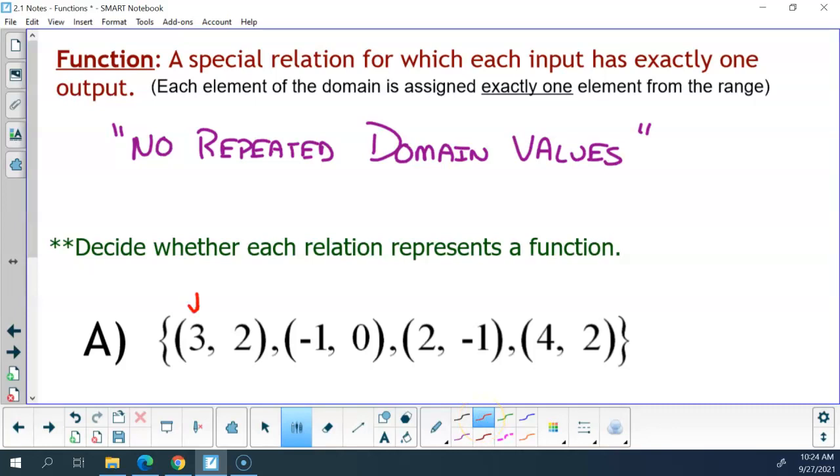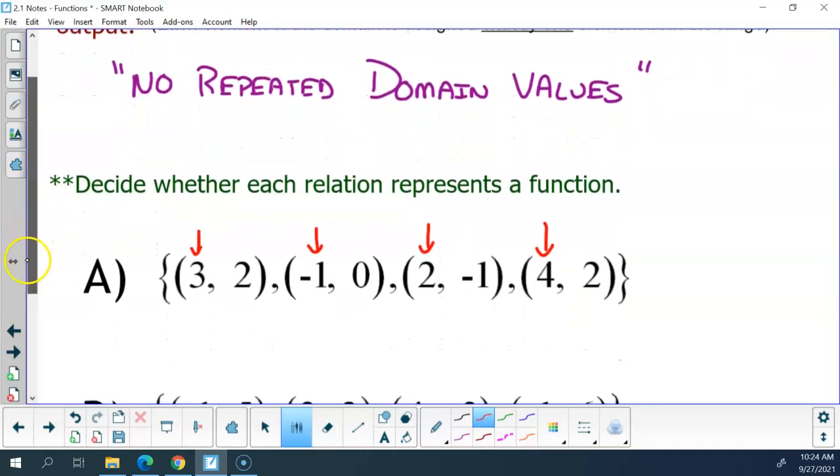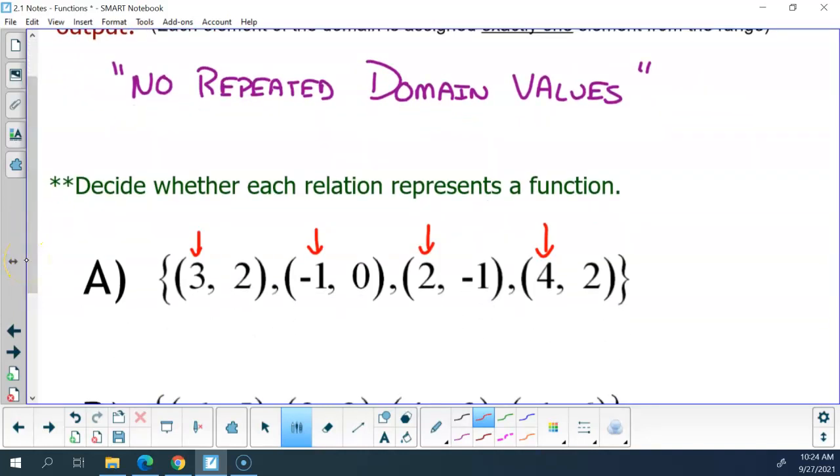There's one. There's one. There's one. There's one. And there's the last one. Are any of those values repeated? No. So then this relation is a function.